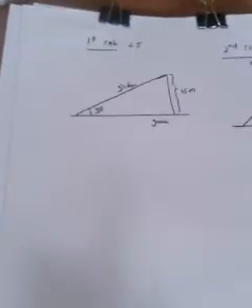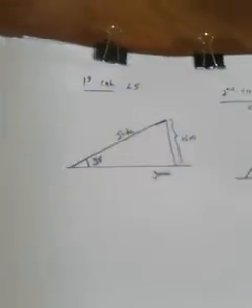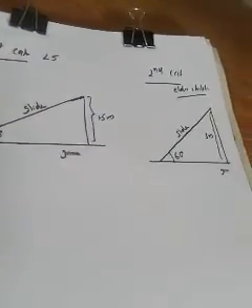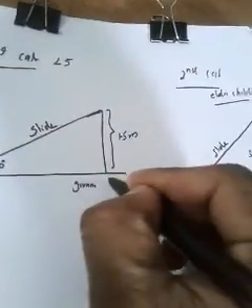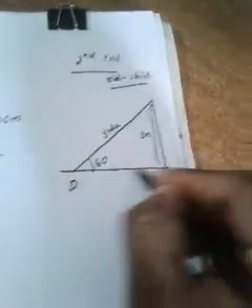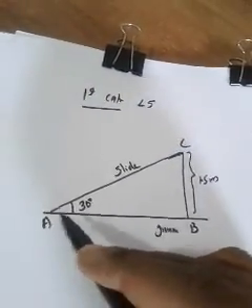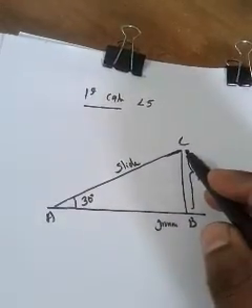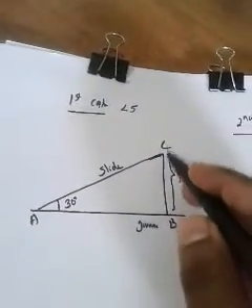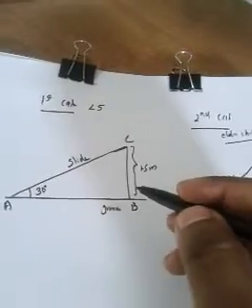Okay, so let me calculate that. Before going to the solution, you must name the triangles, let it be ABC and let it be DEF, and you have to represent all the things. In the first case, AC represents the length of the slide and CB represents the height of the slide.